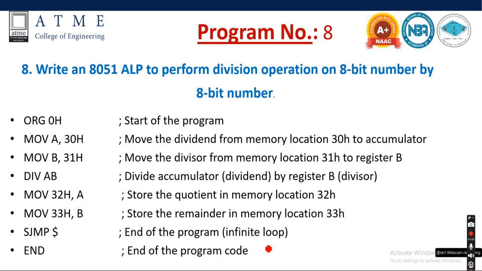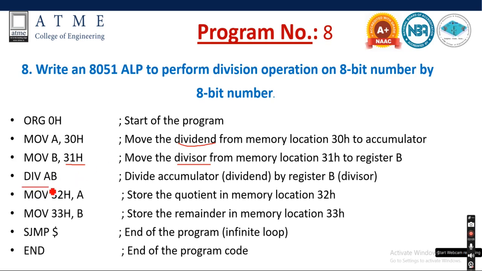So next is the program. The content of memory location 30H is moved to the accumulator, which serves as the dividend. The content of memory location 31H is moved to register B, which acts as the divisor.